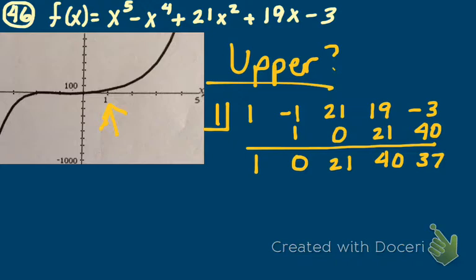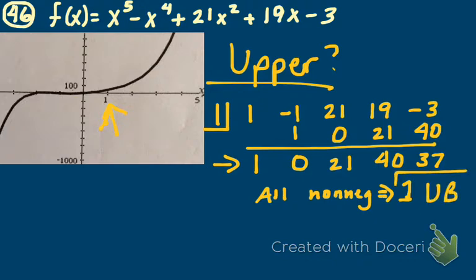And remember, the upper bound test says that if this row is all non-negative, and it is, that implies that 1 is an upper bound. Okay, so we've just confirmed that 1 is an upper bound. Now that tells us there are no zeros to the right of this picture.